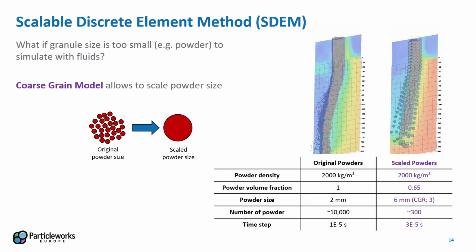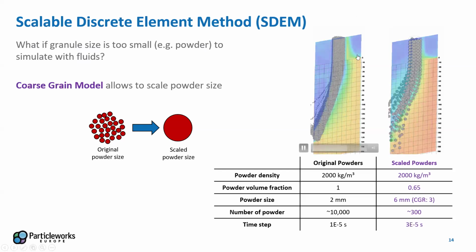By the way, here it's also interesting because we see another coupling. What you see in the background is an air flow solver based on a finite volume method that is integrated in the software and easily coupled with the powders. So here we see air coming from the side that drags the particles in a dynamic way.